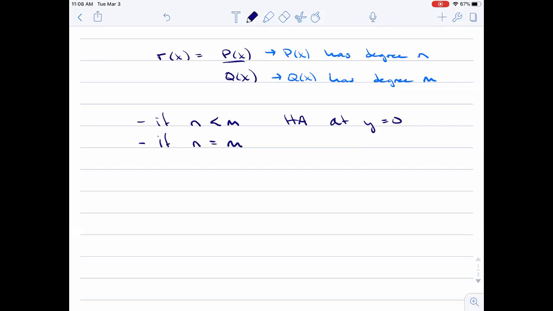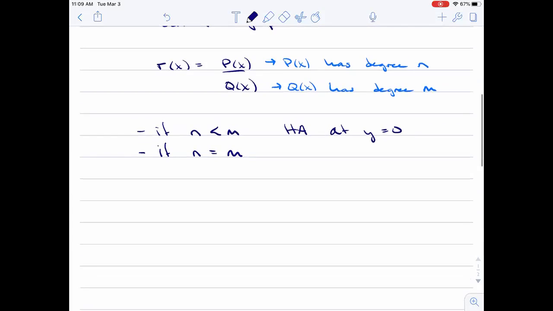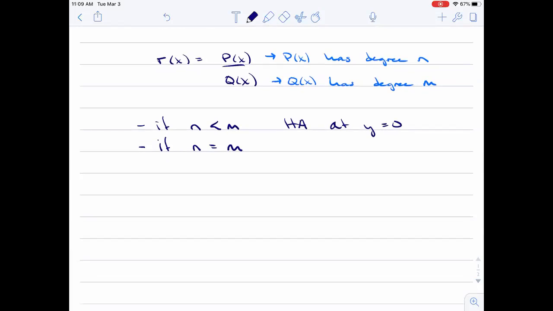If n is equal to m, then we have a horizontal asymptote at a over b, where a is the coefficient of the first term in p of x, and b is the coefficient of the leading term in q of x.